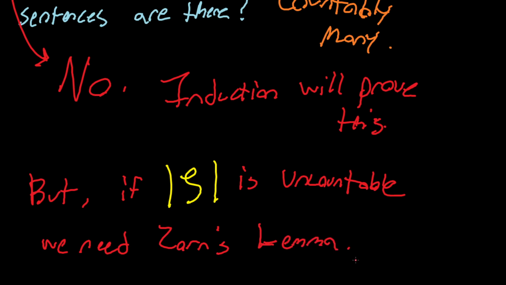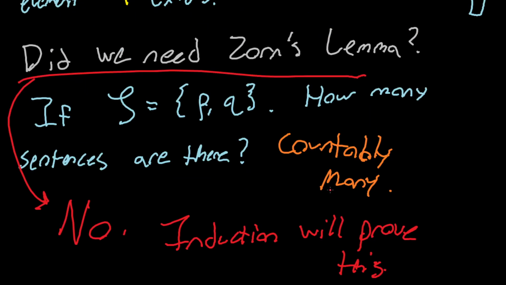So if I have uncountably many variables, I absolutely need to use Zorn's lemma to prove this. Okay, so the point is, in many cases, we can get away without using it, and this is important to think about because I said last time, Zorn's lemma is practically an axiom.